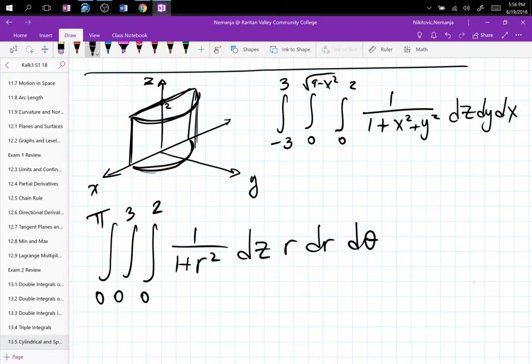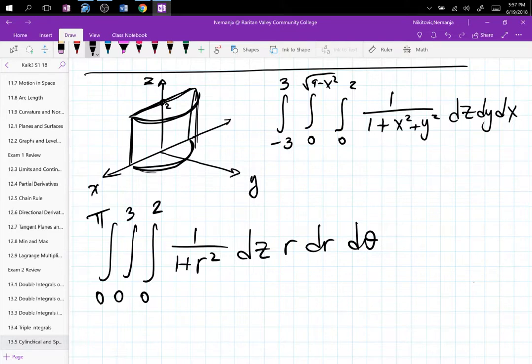You all notice the denominator? Denominator changed. It's no longer x squared plus y squared. X squared plus y squared is r squared when we do conversion, because you are not allowed to have any x and y's once you change everything to polar coordinates.